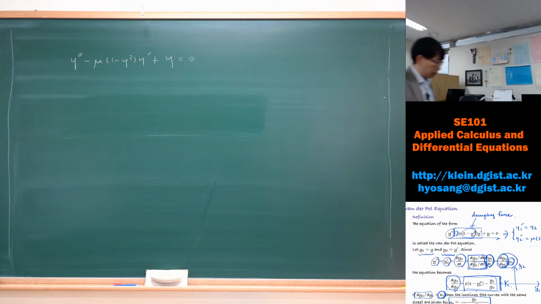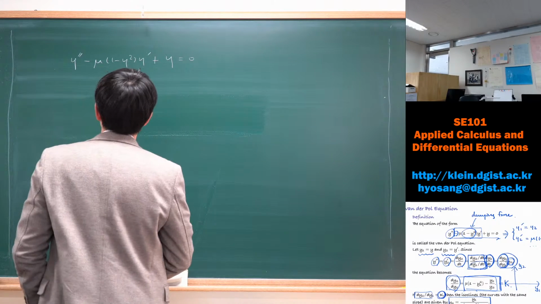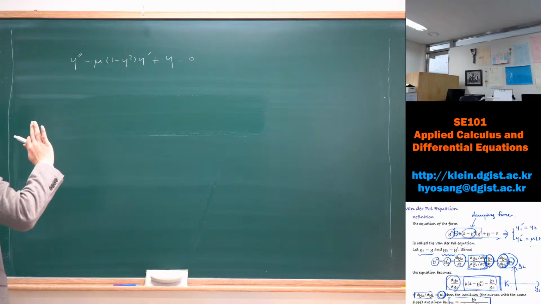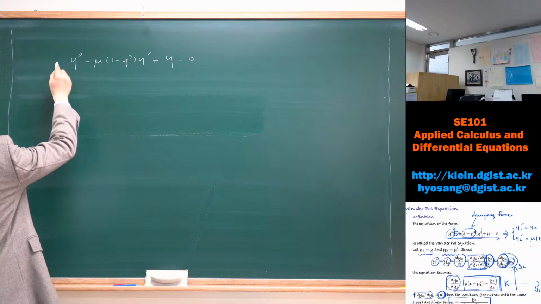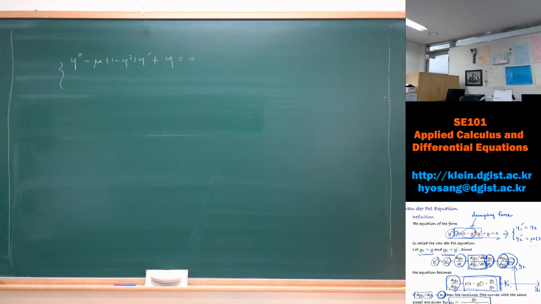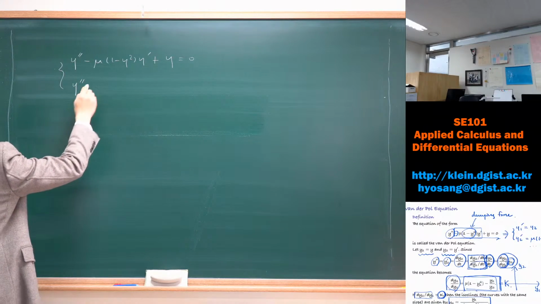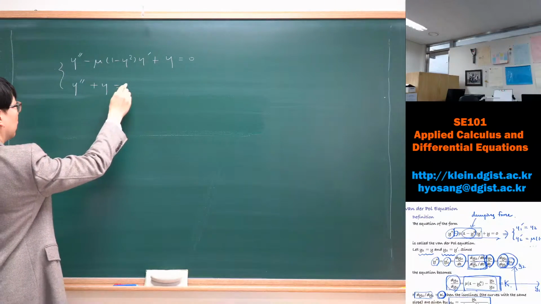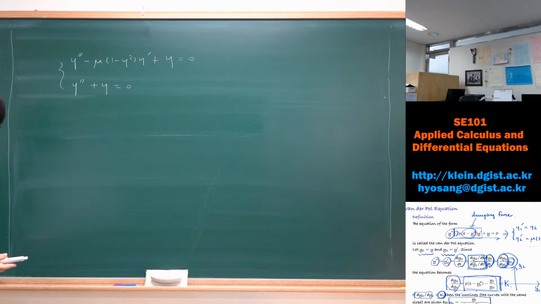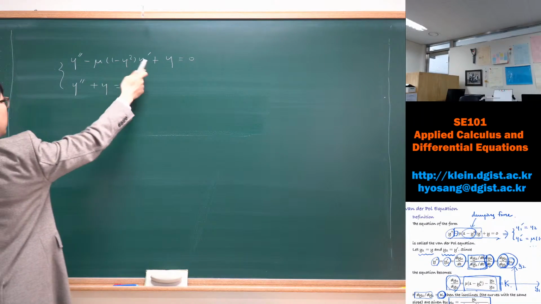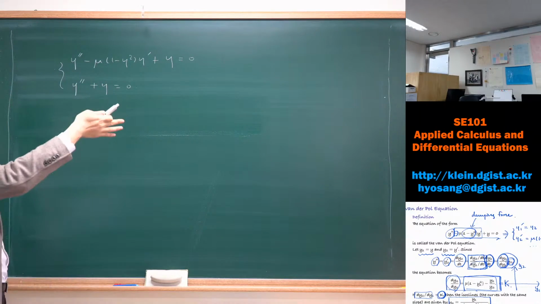So when you solve the van der Pol equation, let me make the simplest example. Compare that with y double prime plus y equals 0. Suppose that there's nothing here, assuming that mu is 0.